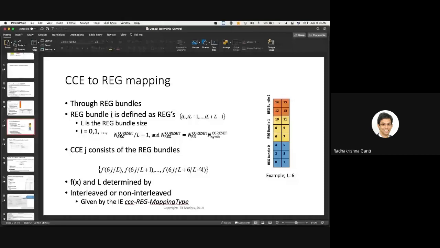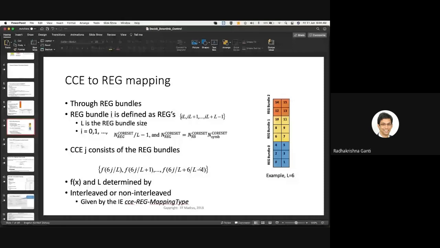What's an REG bundle? An REG bundle is a collection of REGs, a contiguous set of REGs. The REG bundle size is defined by the parameter L. In this particular case, I gave an example of L equal to 6: 0, 1, 2, 3, 4, 5, and the next 6 are the next REG bundle.